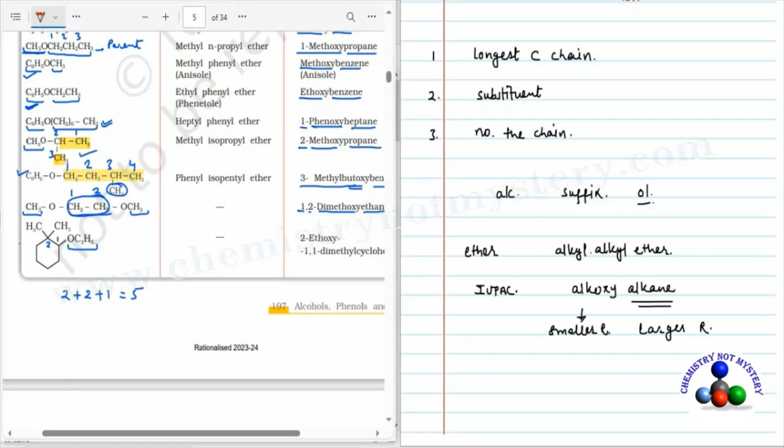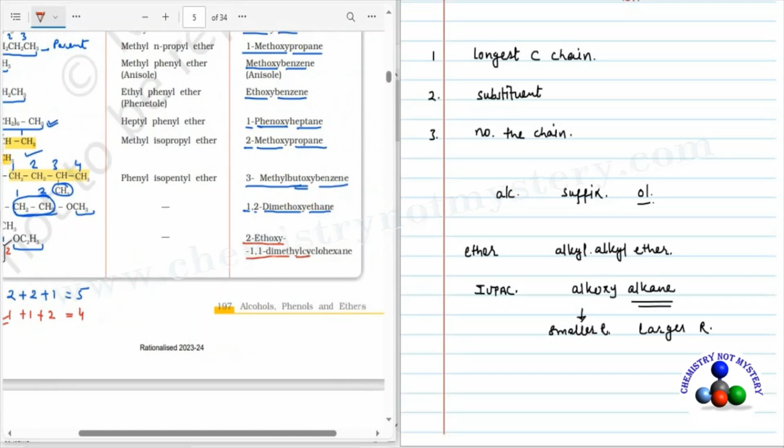But if I number this carbon as first carbon and this as second carbon, both the methyl will get number 1, 1 plus 1, plus this ethoxy will get 2, and the sum will be 4. So as per the lowest sum rule, you have to follow the red numbering. So that's why the name of this molecule will be 2-ethoxy-1,1-dimethyl cyclohexane.